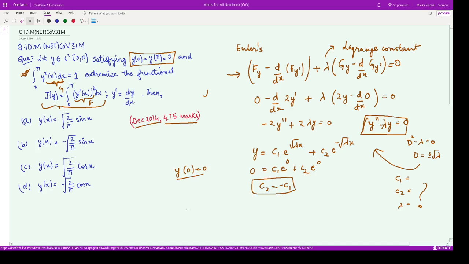So ultimately your y reduces to y is equal to c1 times e to the power i square root of lambda x minus e to the power minus i square root of lambda x, or you can write y is equal to 2 c1 sine of square root of lambda x.